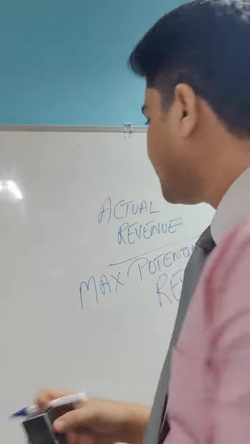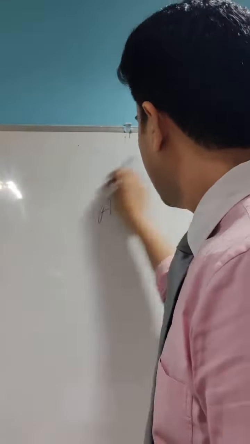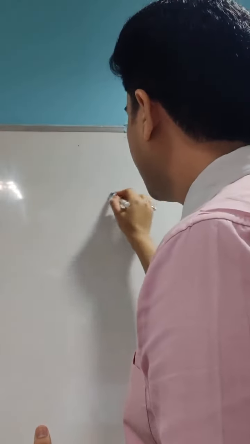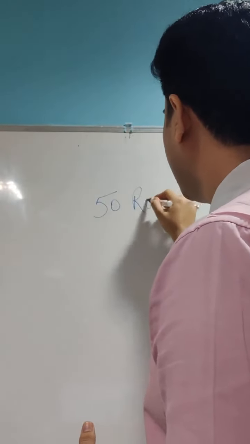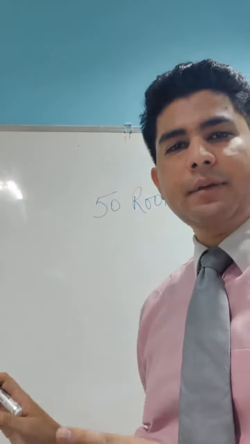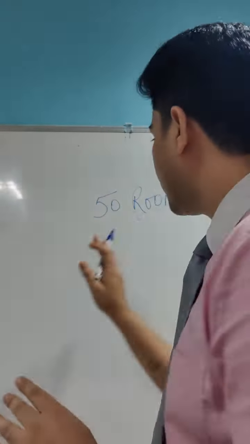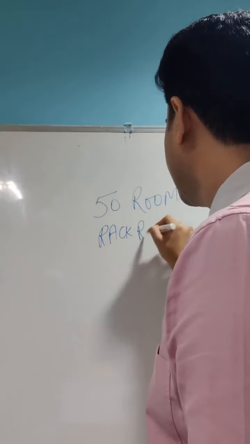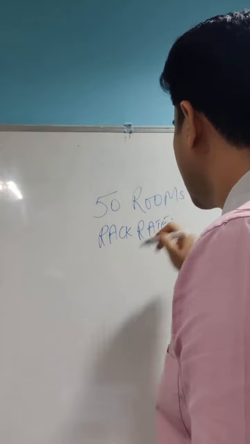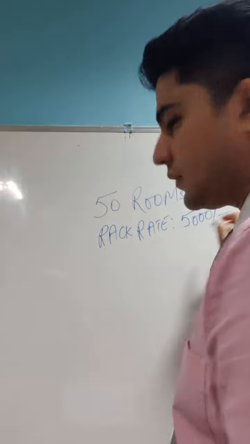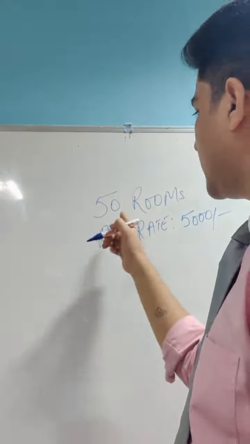For example, if your hotel has 50 rooms of inventory, and all these 50 rooms are of the same category, meaning the same kind of rate is applicable for them, and I say the rack rate is 5,000 rupees for all of these rooms.